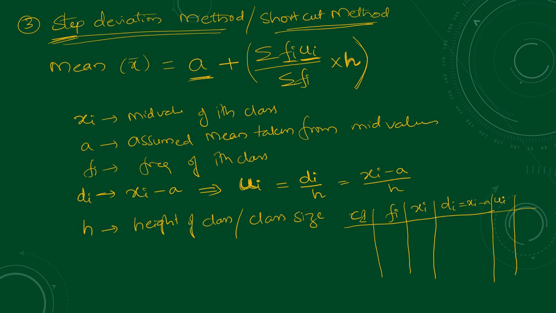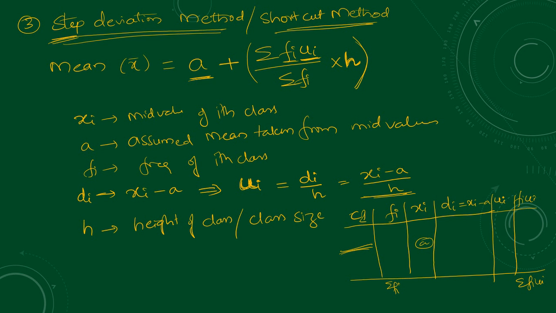Already you know the formula: Ui is Xi minus A by H, so Ui is equal to Di by H. And finally the sixth column is Fi Ui. Now when you get the summation of Fi Ui, here you will be getting Fi, and H will be calculated from the class intervals. You will be substituting those values, and A will be calculated from Xi.